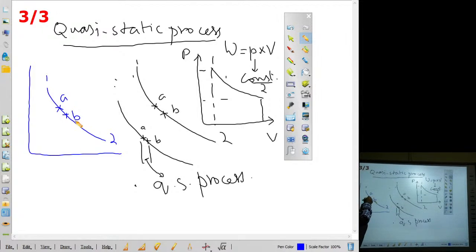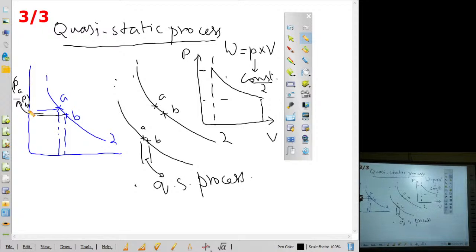At point A, see the height. Height is equal to the pressure. At point B, see the height. So what is the difference in the height? This is the difference, that will be PA minus PB.